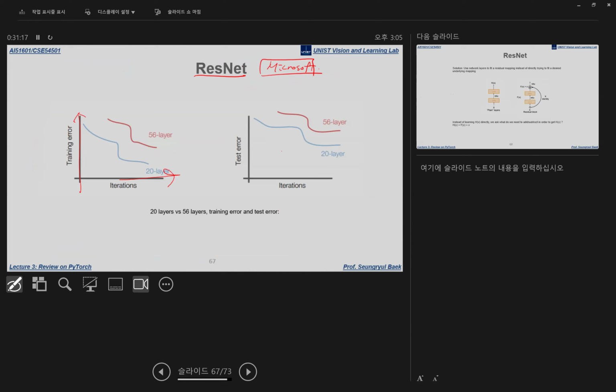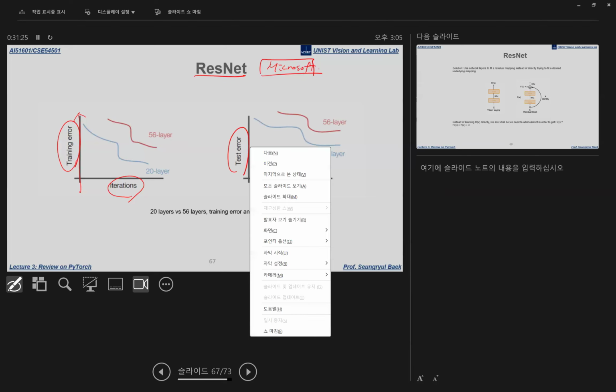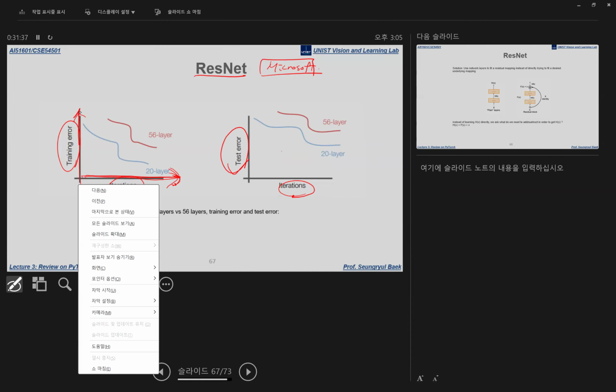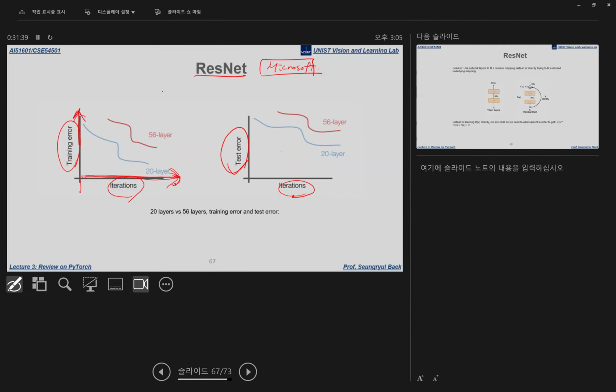This shows the training error over the training iterations, and also the testing error. If we train more, taking more time to train the model, the training error should be reduced, and the testing error also tends to reduce.